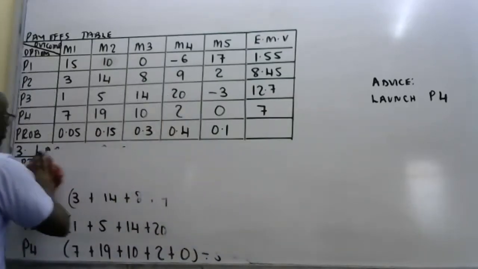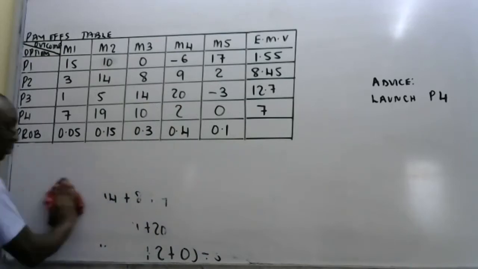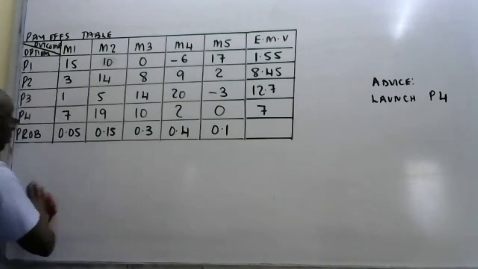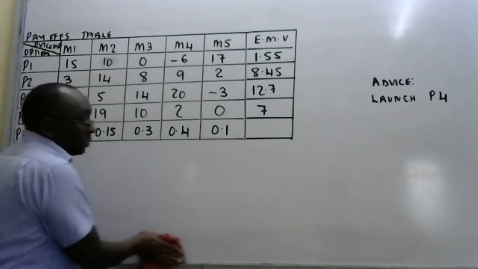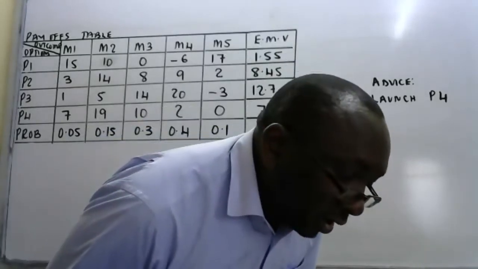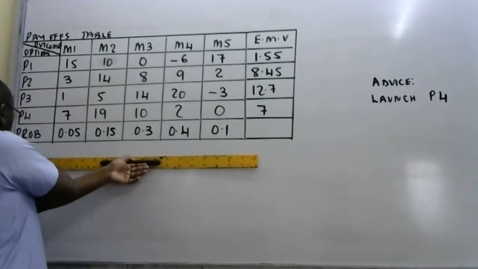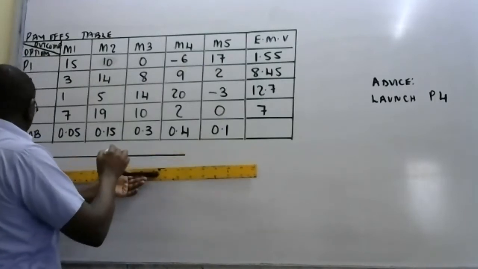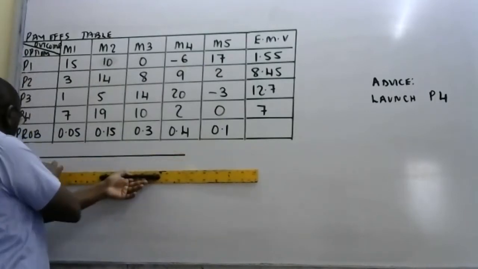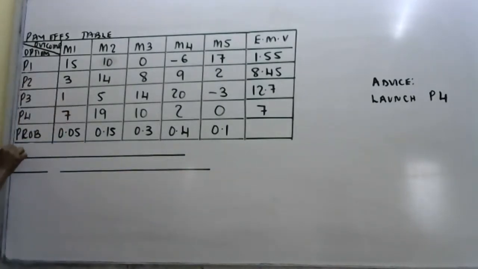Let us go to the next one. They are calling it max-min criterion. That is rule number 4.